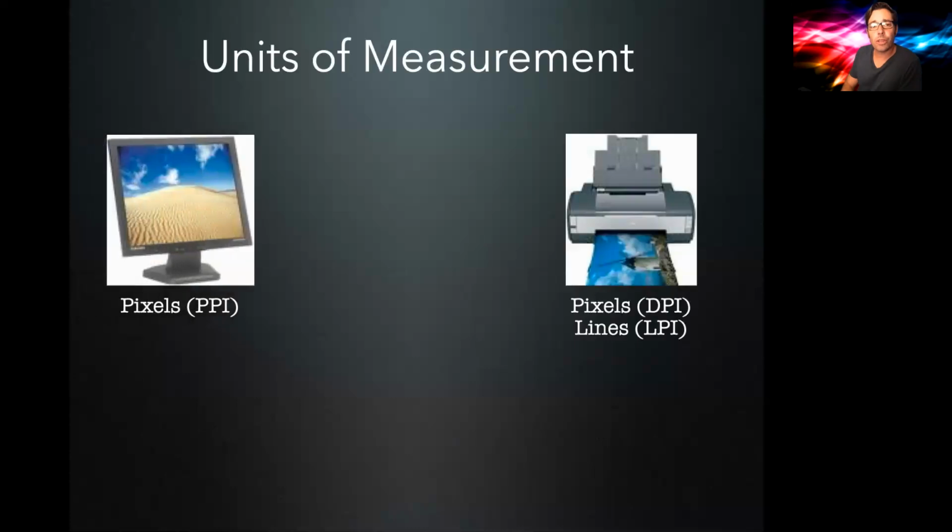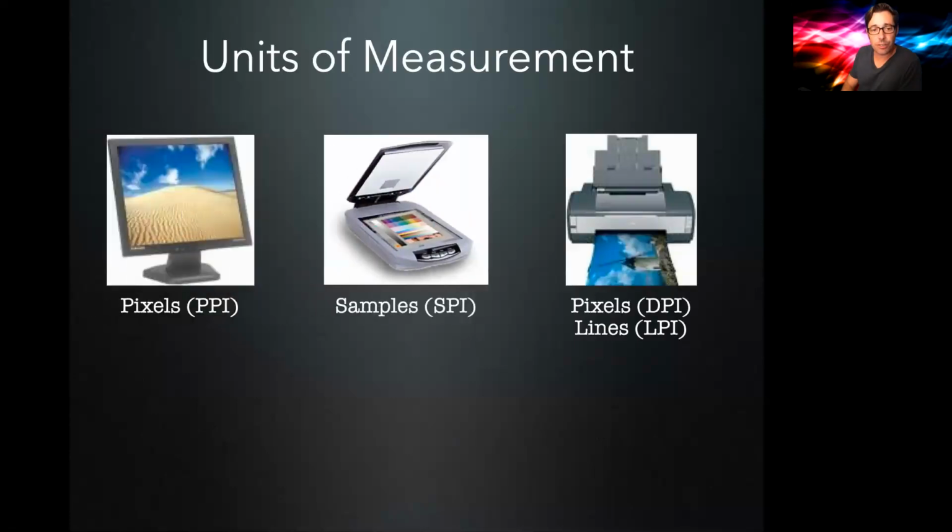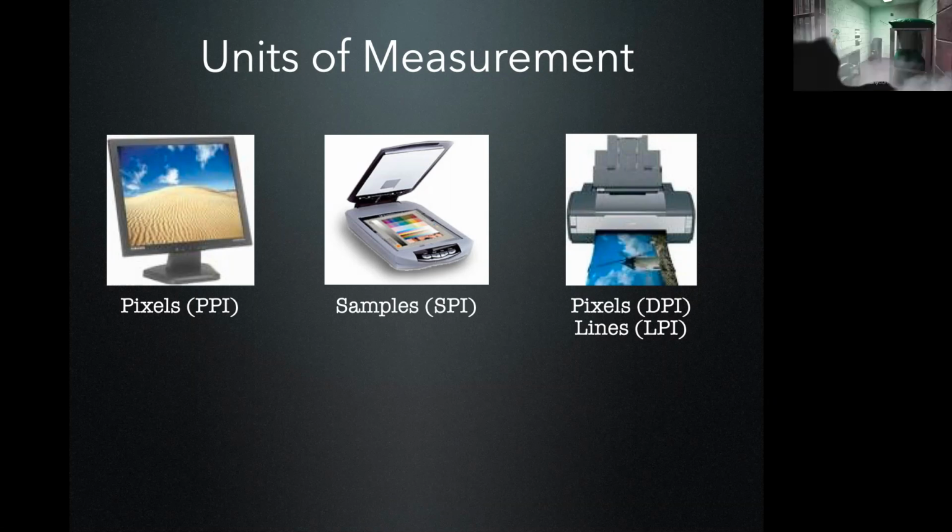So in terms of units of measure, you guys may have heard this before: PPI, DPI, LPI. These are just units of measure, and they're dependent on what type of device they're tethered to. So when we talk about PPI, what are we talking about? Feel free to comment in the chat. Pixels per inch.